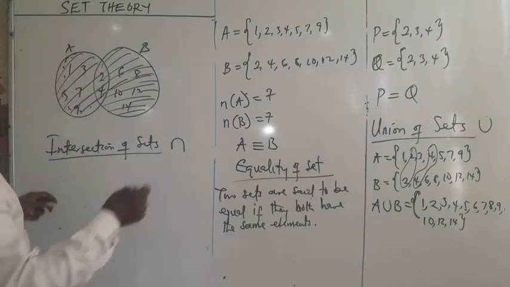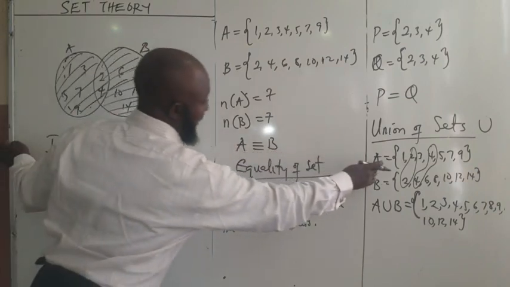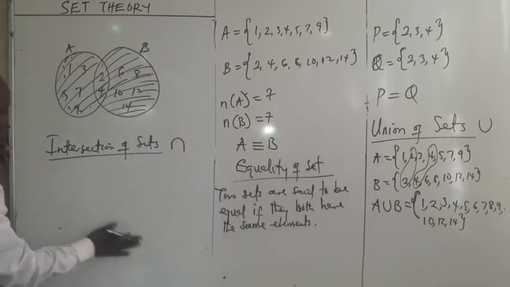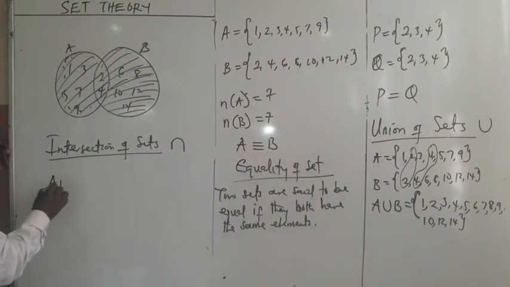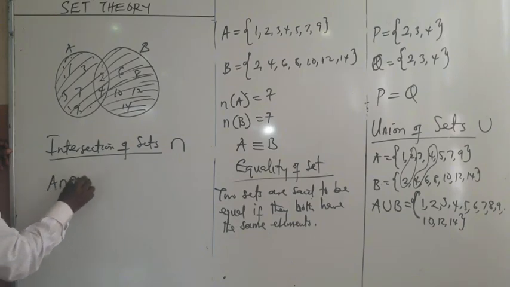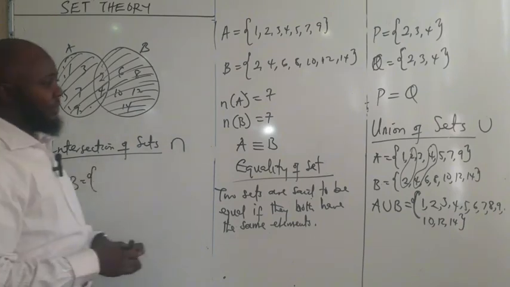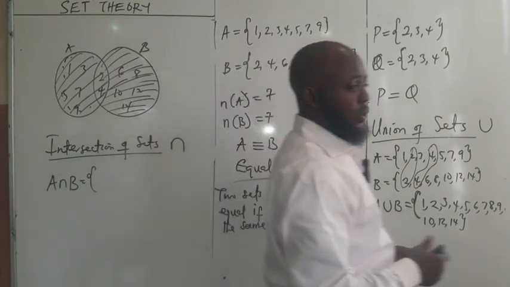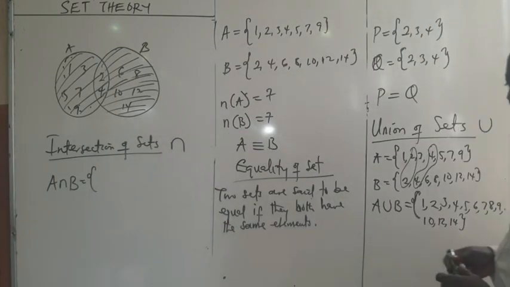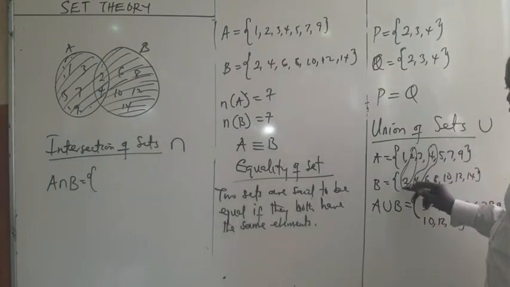For example, let's make use of this. A intersection B is where we have elements common to both sets, which is 2 and 4.